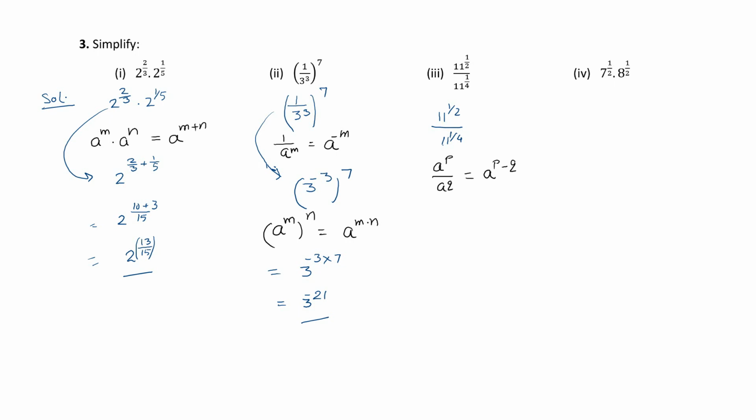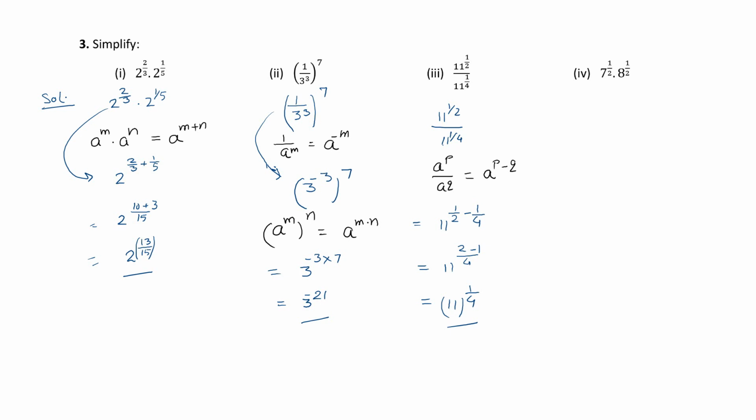Right? So we can say here a is 11, p is 1/2, q is 1/4. So we can write 11 to the power 1/2 minus 1/4. So we will get 11, LCM is 4, 2 minus 1. So we will get 11 to the power 1/4.